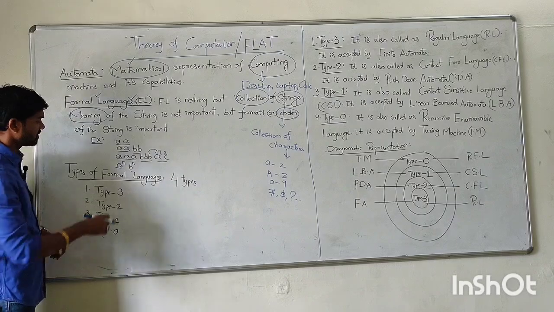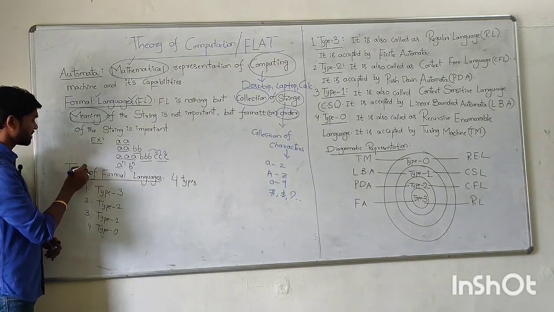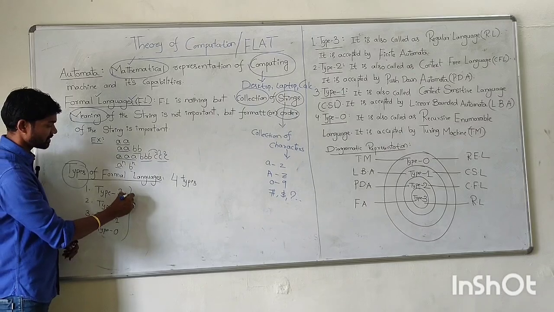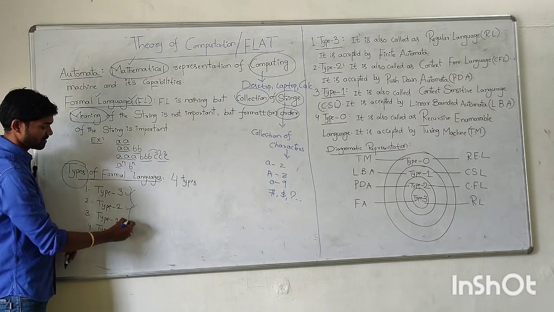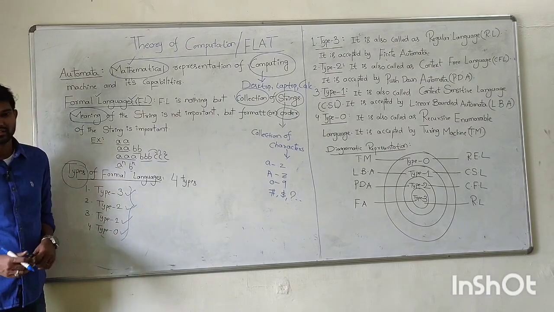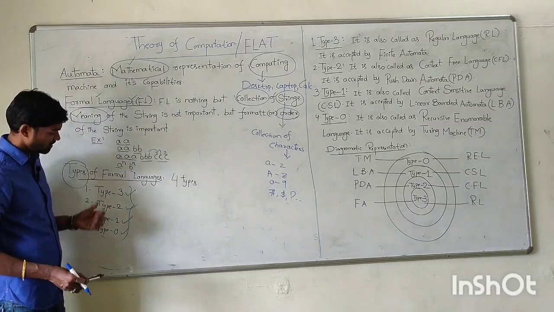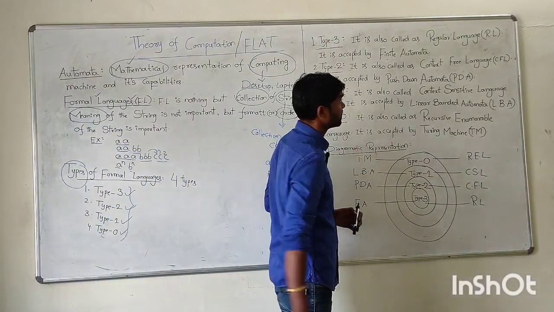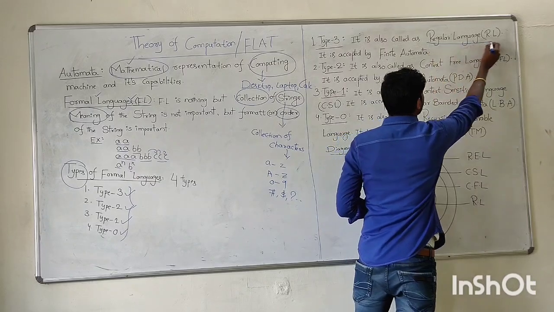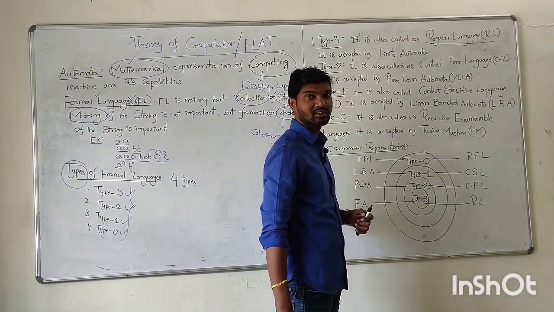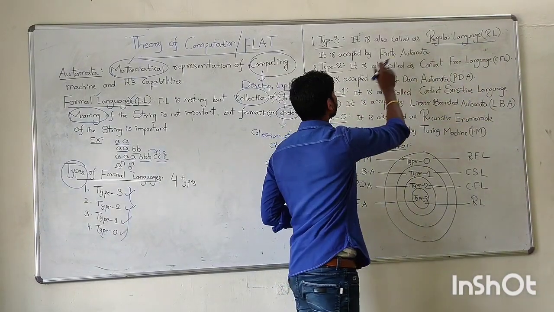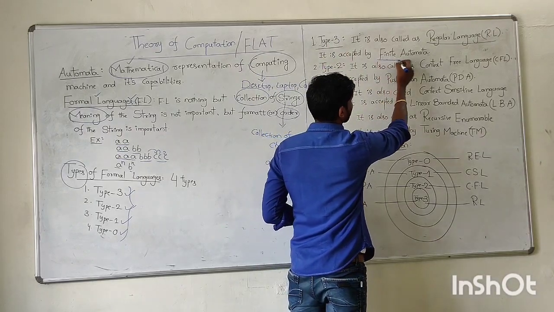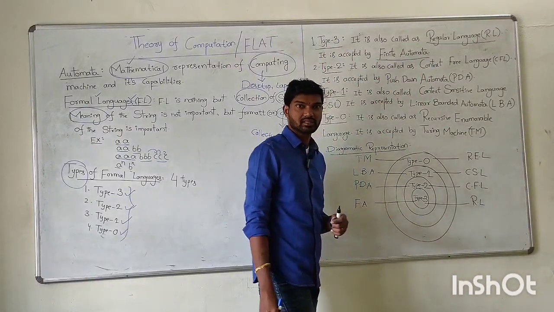Now coming to types, there are 4 types: type 3 language, type 2 language, type 1 language, and type 0 language. Type 3 language is also called a regular language, and it is accepted by an automata called finite automata.